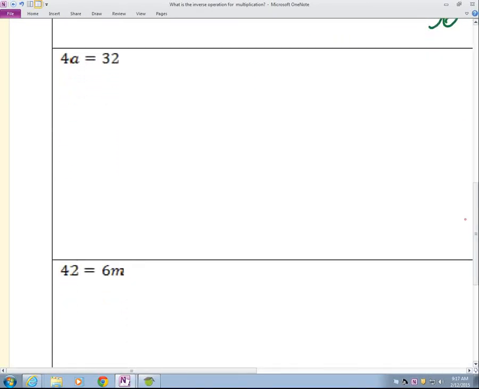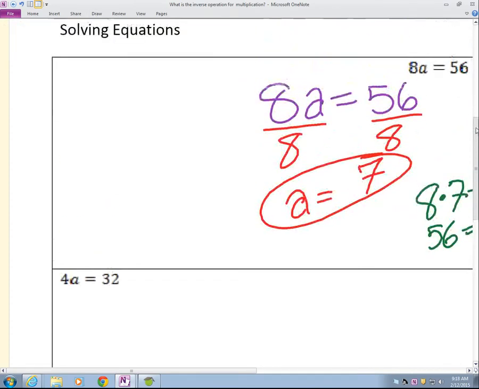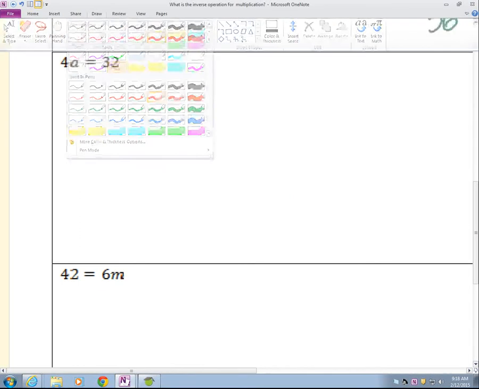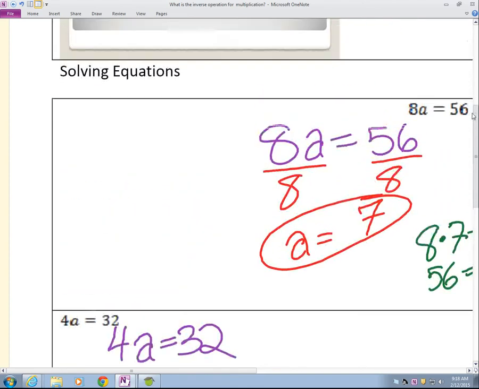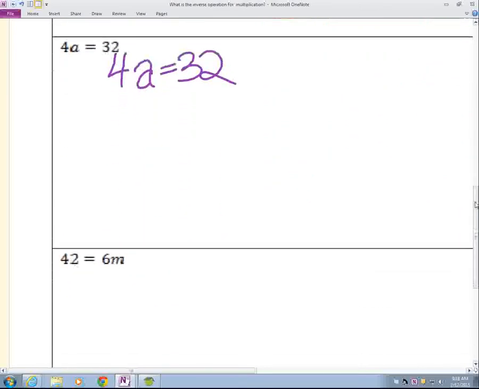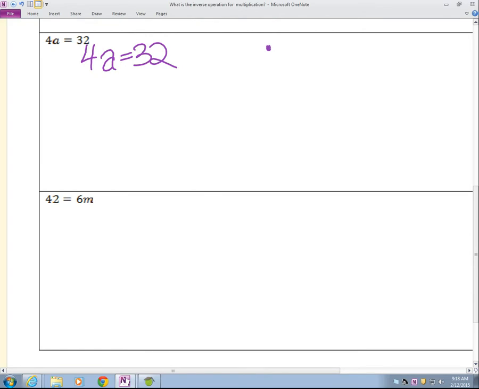4a equals 32. What color did I use up there? Purple. So I have 4a equals 32. I'll use purple for my description. So what I need to recognize is, what's the first thing I need to notice?